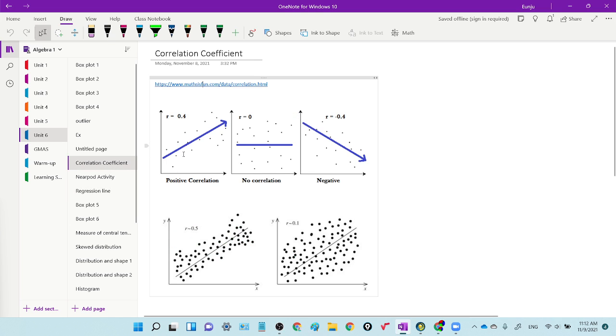So among the points, if we have some number from the calculator or from the software we are going to use, that is called R. R stands for correlation coefficient. That R is showing us the relation between two quantities.